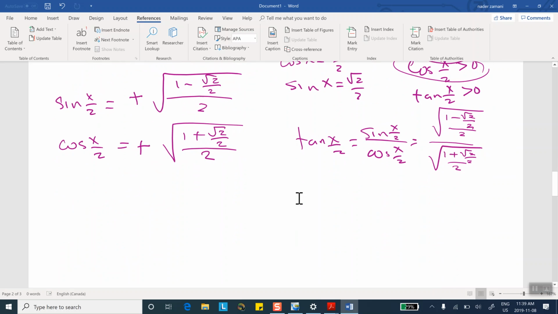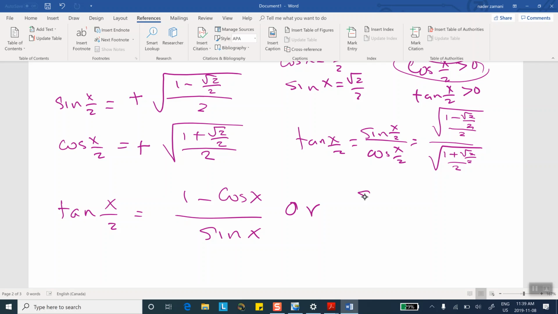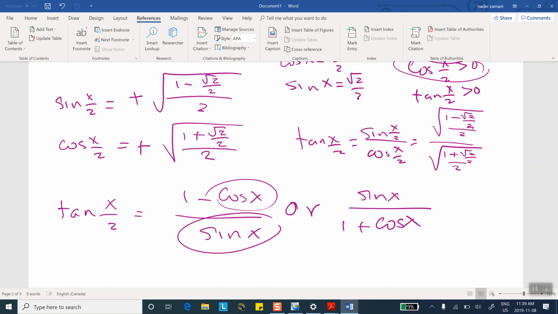But the alternative is to use the formula for tangent of x over 2 directly like this. Remember, (1 minus cosine of x) divided by sine of x, or sine of x divided by (1 plus cosine of x). Now notice that when you use these values, you put this and you put that. They don't look exactly like that, but if you do enough algebra, you're going to come up with the correct answer.